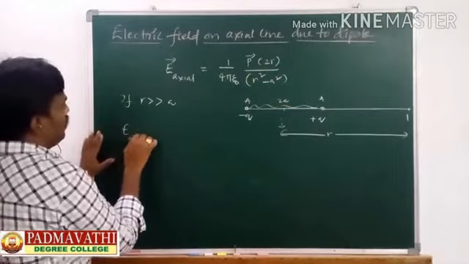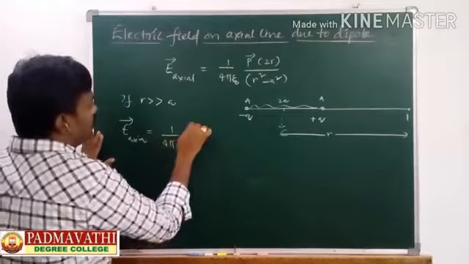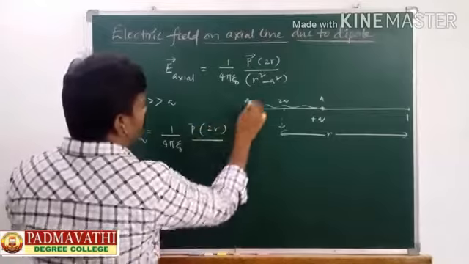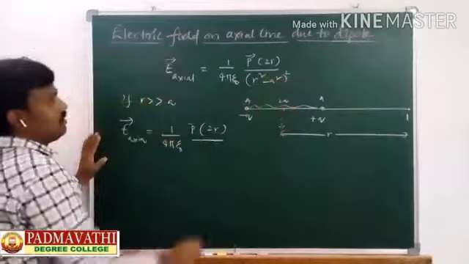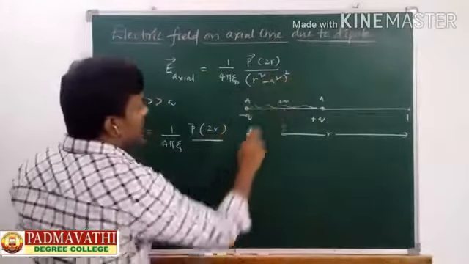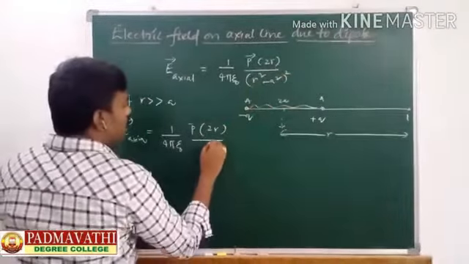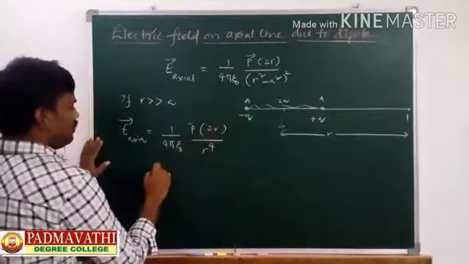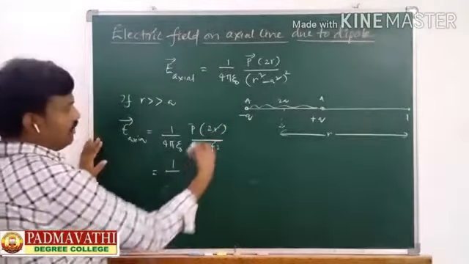E axial is approximately equal to 1 by 4 pi epsilon naught P, or P bar, into 2R divided by, when you neglect A square, we are left with (R square) whole square, which is R to the power of 4. So if you take the cancellation, you are left with R, and this goes by 3. One R will be gone here.